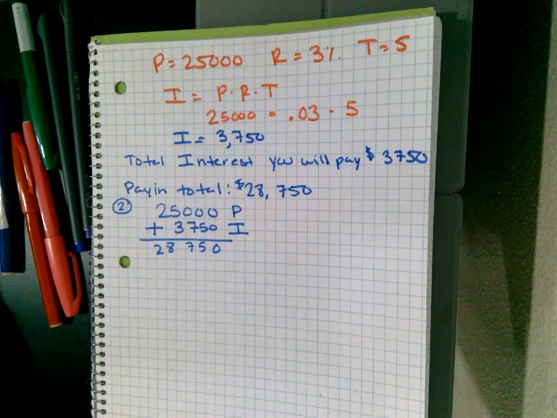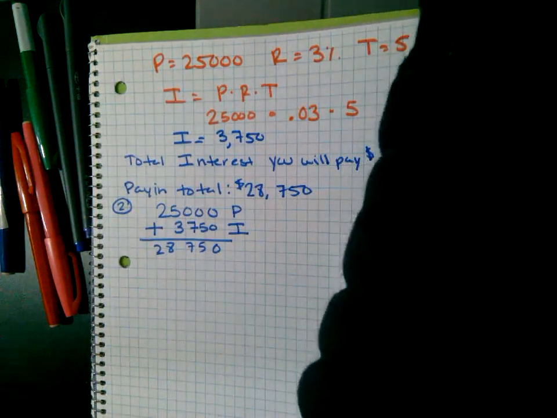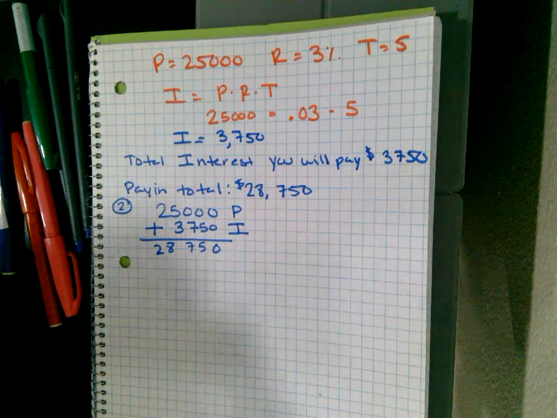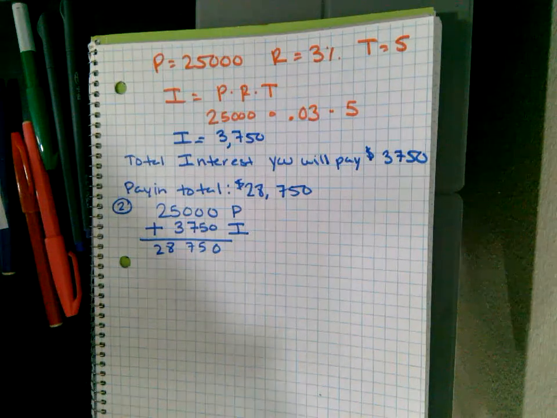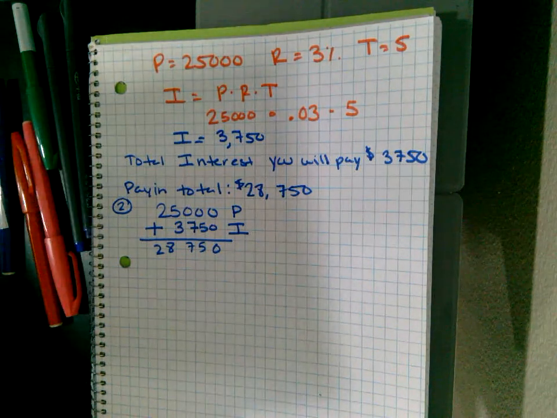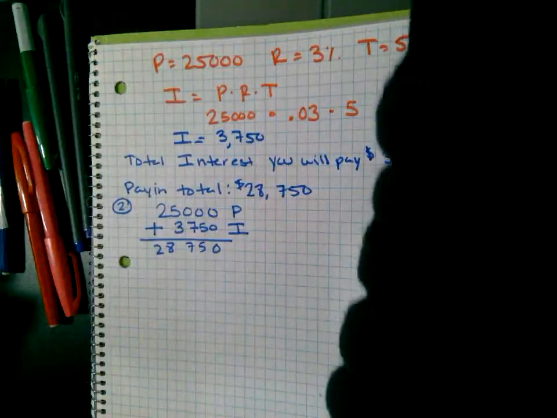When you have a credit card, the interest rate is a lot higher, like in the 20s. So you want to make sure that when you get a credit card, you don't end up paying high interest rates, okay? So you want to make sure that you pay your credit cards at the end of the month so you don't end up paying a ridiculous amount of money in interest.